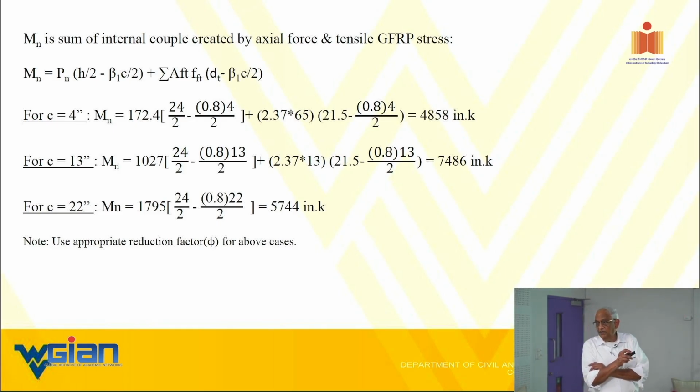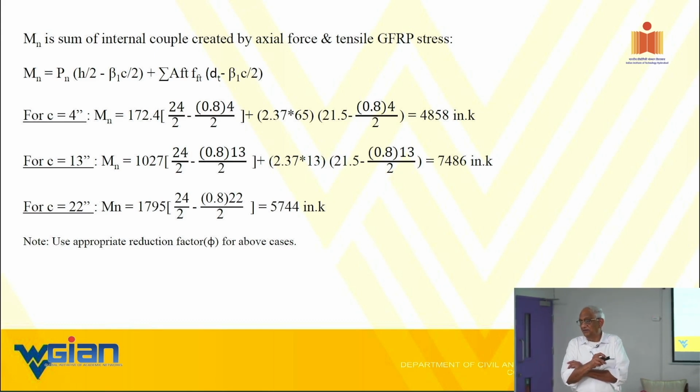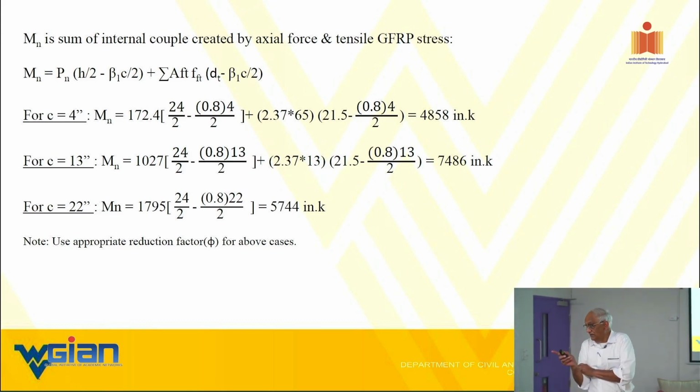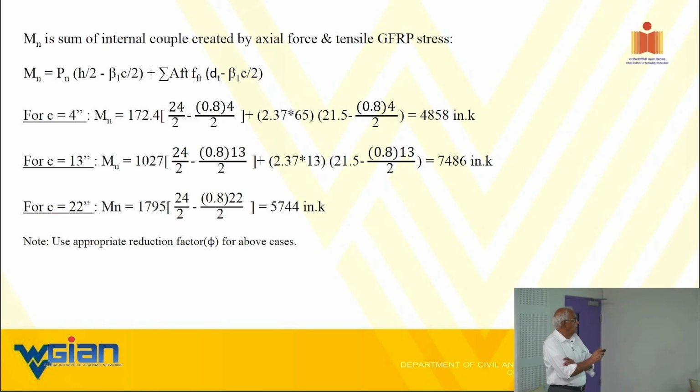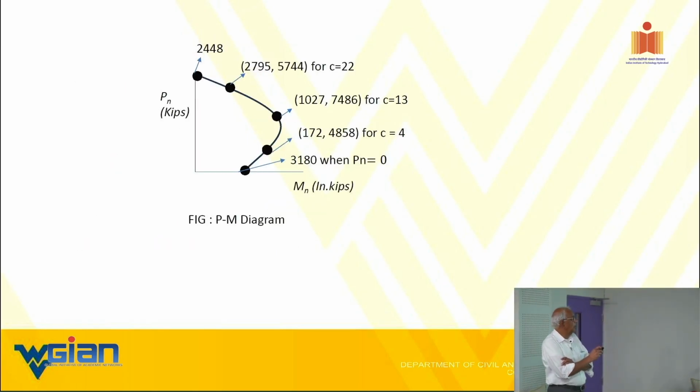You get the same clockwise or counterclockwise moment till such time it goes below 22. That's right. But we are taking it as 0 anyway. So it didn't matter. So that is how, of course, you use the appropriate phi factors. That's how we arrived at it.